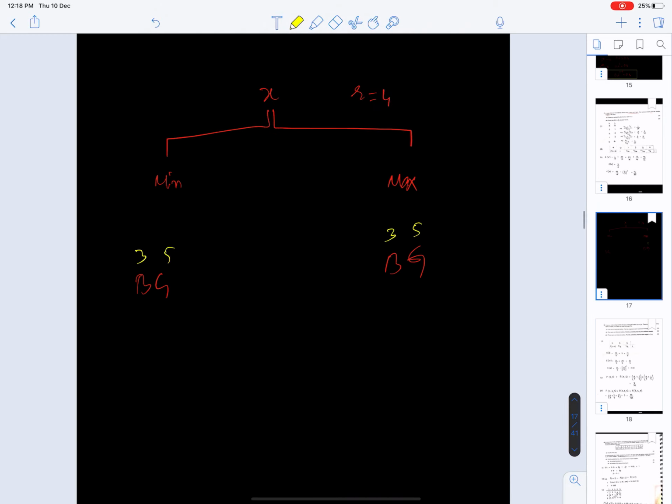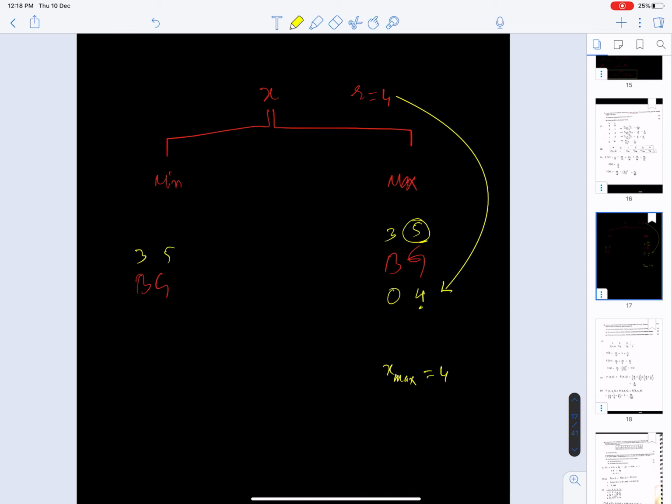Now try to take all 4 girls, which is possible because this number is 5, greater than the requirement. When you take all girls, there will be no boys. So the maximum value of x is 4.